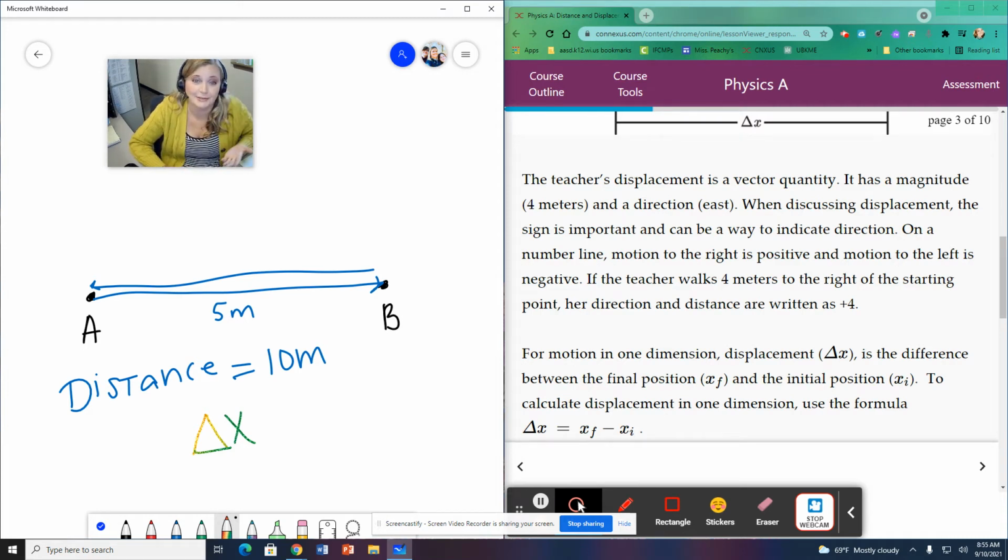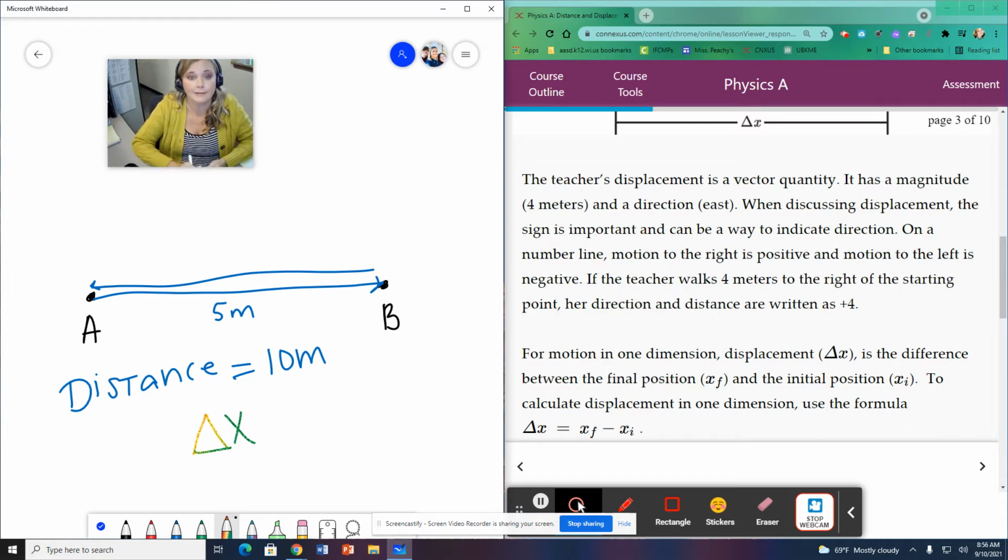By the way, this is uppercase delta. Uppercase delta x means change in. Delta, with a little triangle symbol, always means change in. So change in position, that's x. We're doing horizontal position here, so since we're moving horizontally, we call it x.